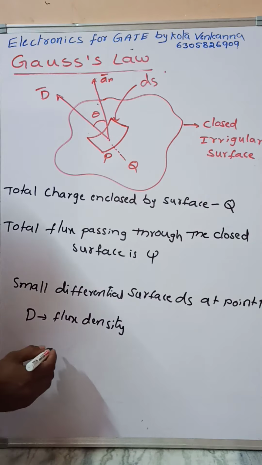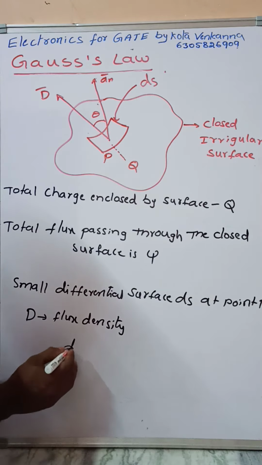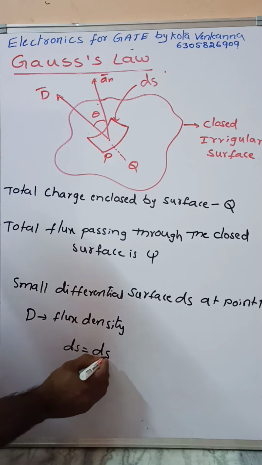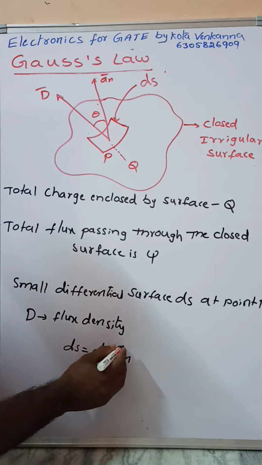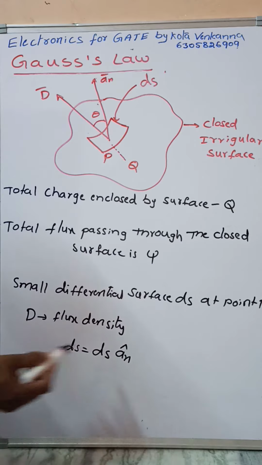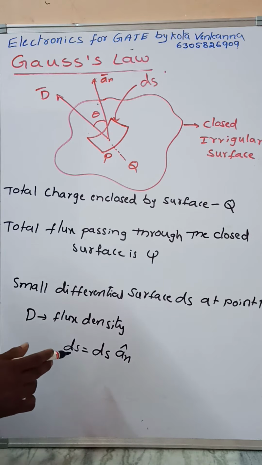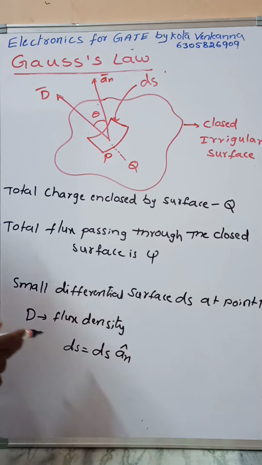Therefore ds is equal to ds an, where an is the unit normal vector. So the small differential area ds is a vector quantity, ds = ds an.